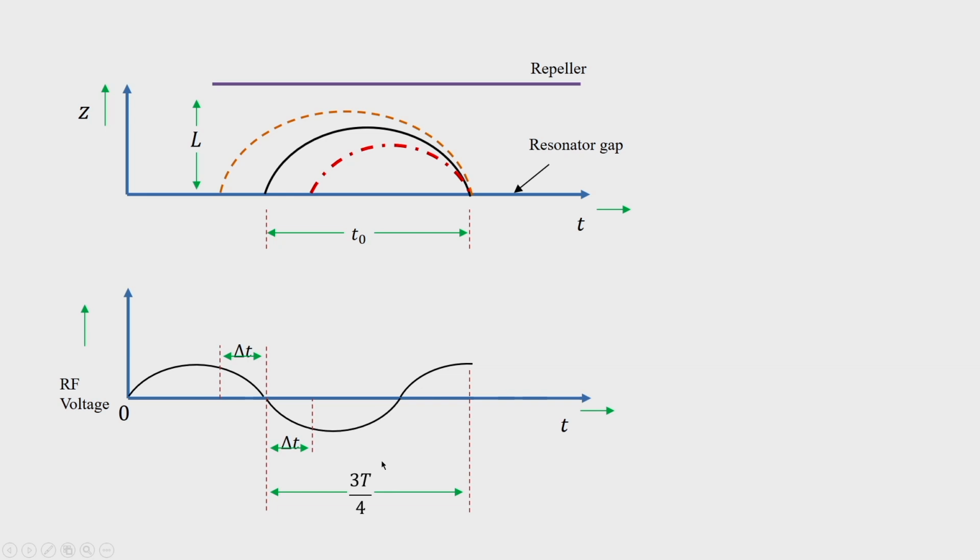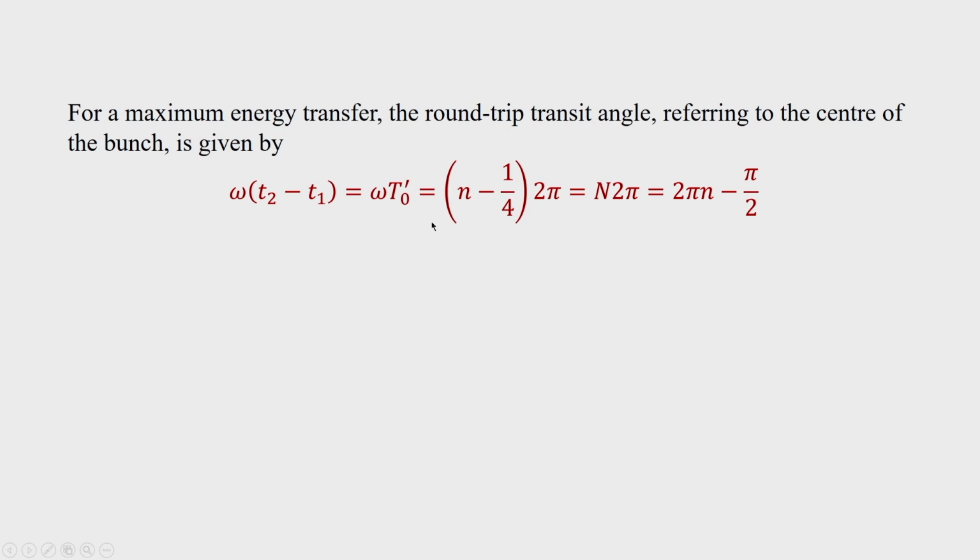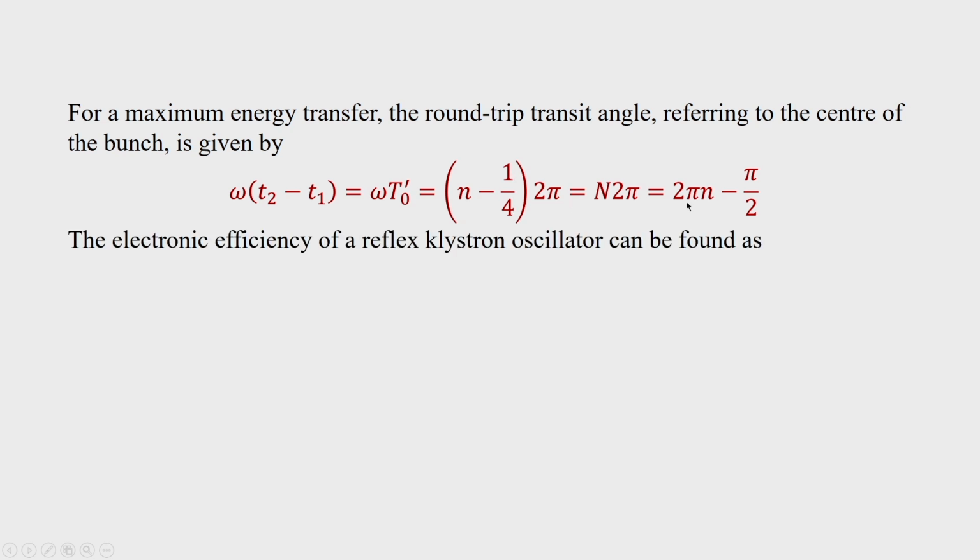That means, in this case, n equal to 1. When n equal to 2, we will have 1 3/4 T. So, in general, we can write (n minus 1/4) 2 pi, and this can be written as 2 pi n minus pi by 2, and N equal to n minus 1/4 is the mode of operation.